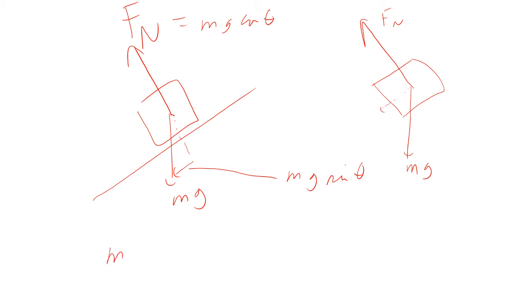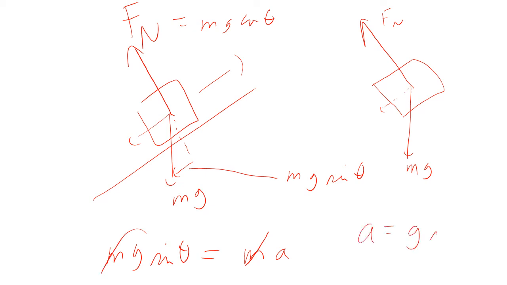So we've got mg sine theta as an unbalanced force. There's a force pulling down, there's no force pulling back, and so that means it's going to accelerate, ma. These cancel, and so the acceleration down the incline is g sine theta. So now we can figure out how quickly something accelerates down an incline. But the main point of this lecture was the normal force itself, so we'll get back to going down the incline in a bit.